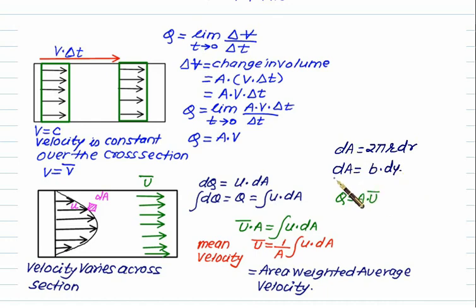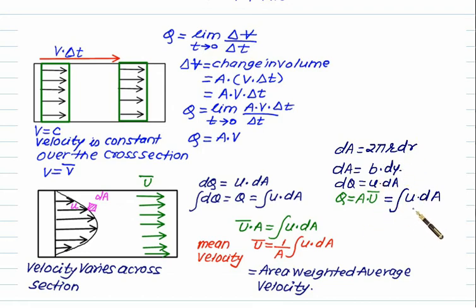Using this elemental area multiplied by u, you can calculate dQ. So we have dQ equal to u multiplied by dA. Finally, to calculate the total discharge, you integrate this equation as the integral of u dA. In the case of a pipe you take 2 pi r dr, and in the case of a flat plate you take b dy.